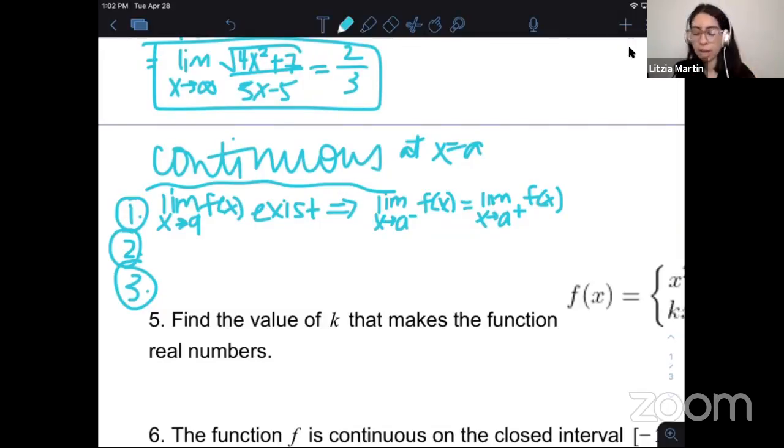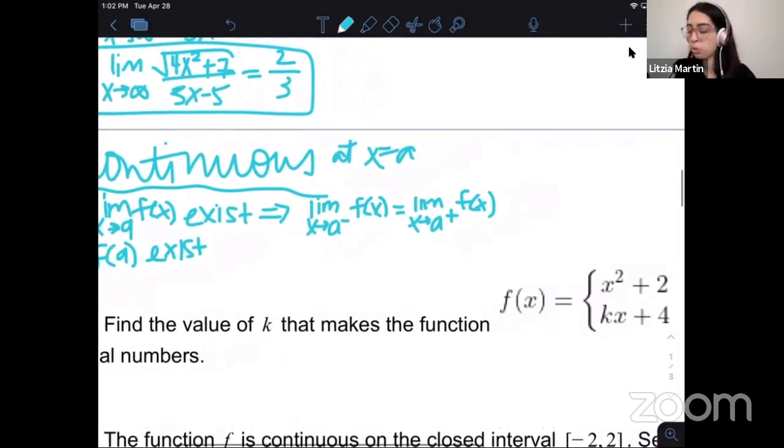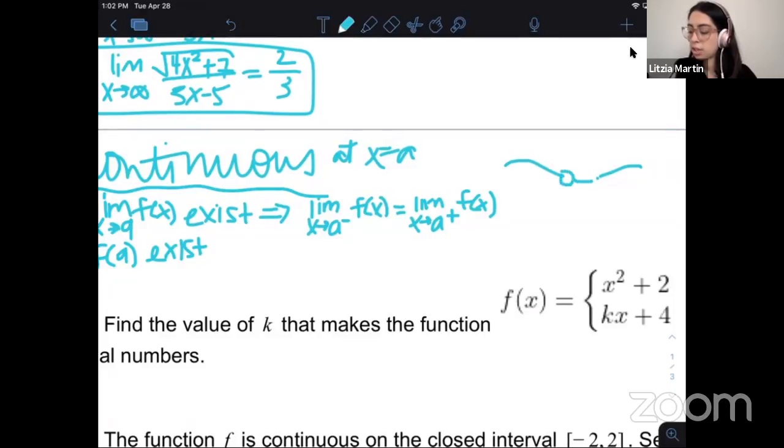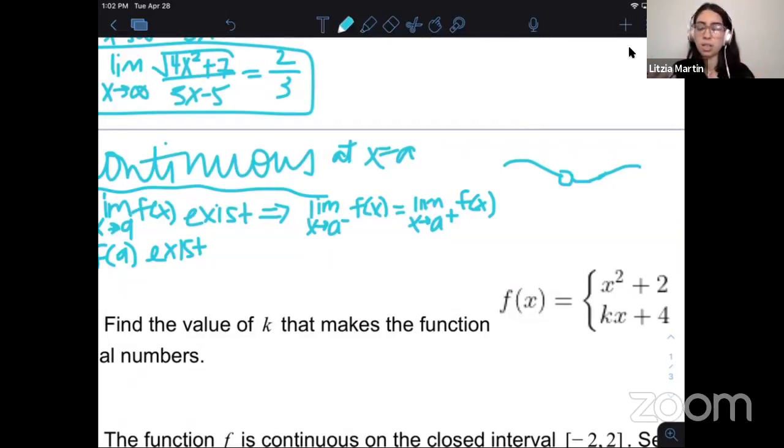Number 2, we have to know that f of a exists. The limit existing means that from the left and from the right, it's approaching the same place. f of a existing just means there's a point at that value. If this is a here, if f of a exists, that means there's a point.